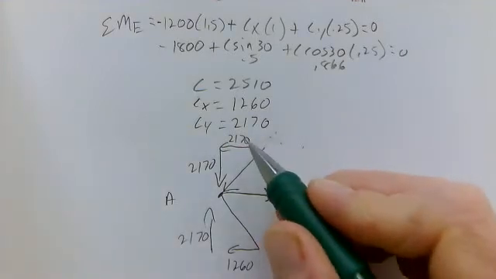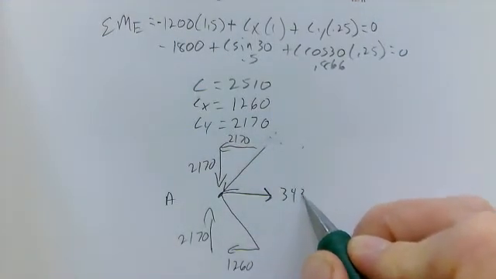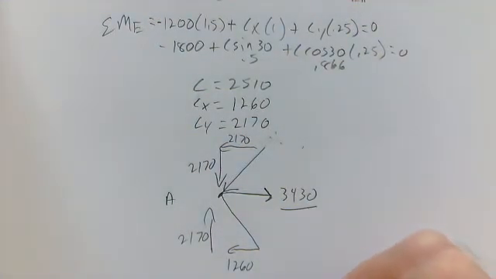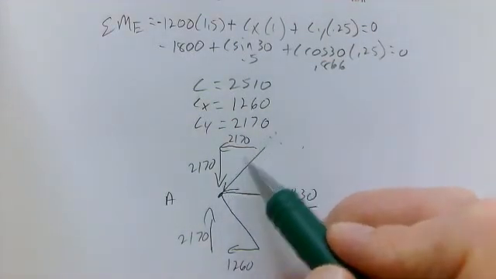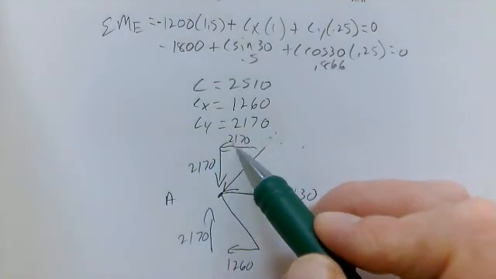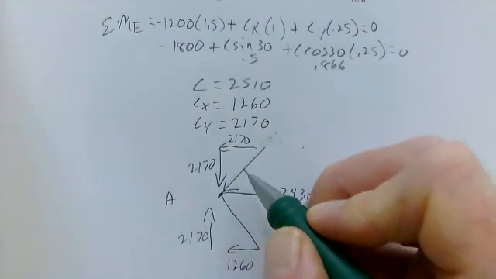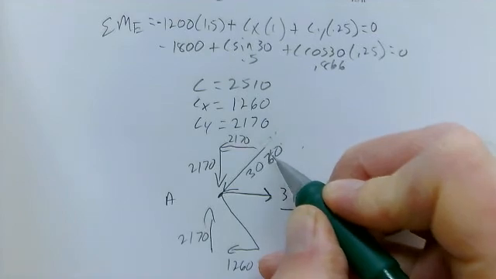So 1260 plus 2170 is 3430. So this is force AD. This is force C, we already found. And this one, if we just square that and square root it, we get 3060 as the result.